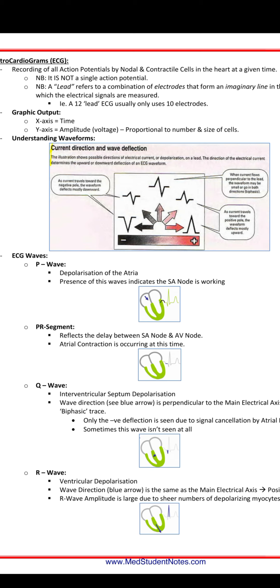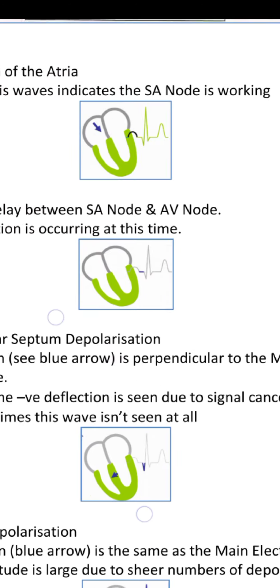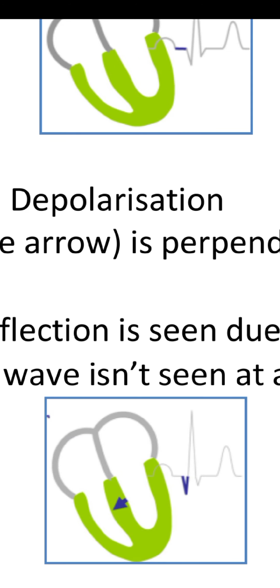The Q wave is biphasic. It is seen in the interventricular septum and is formed from the depolarization, and the blue arrow is perpendicular to the main electrical axis. Where is the main electrical axis? You can see the blue arrow is going inside towards the septum.